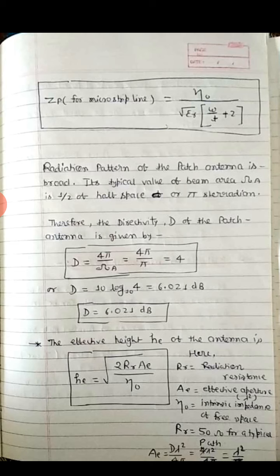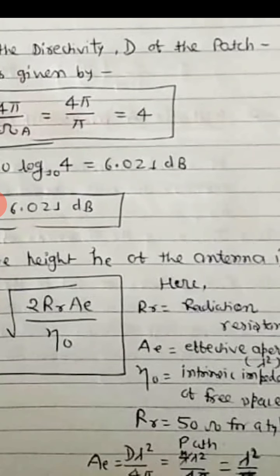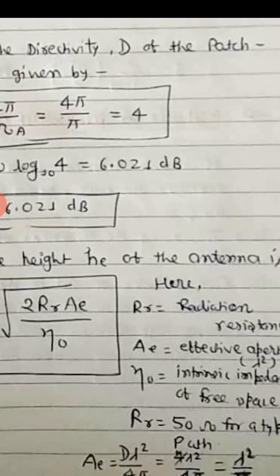For a typical value of radiation resistance as 50 ohm, we know that the effective aperture is D lambda square by 4 pi. Because D equal to 4, which we have already calculated, if we put D equal to 4, then 4 lambda square by 4 pi, so we have lambda square by pi.